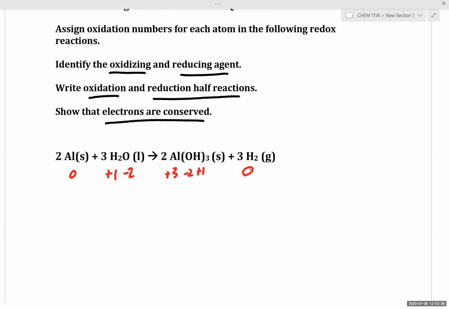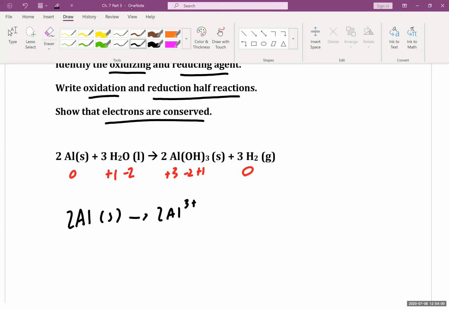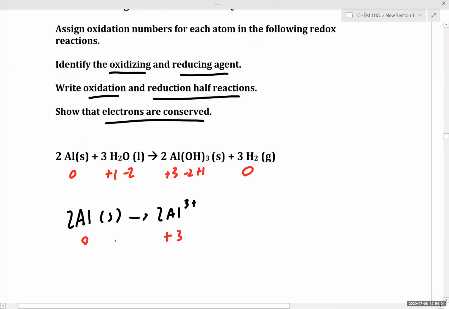Okay, so now that we have our oxidation numbers assigned, let's look first at aluminum. So we are going from 2 aluminum solid to 2 aluminum (3+). Okay. So we're going from an oxidation number of 0 to +3.